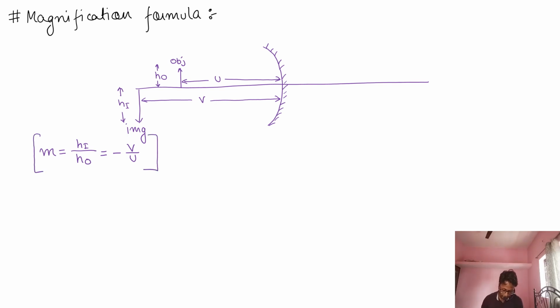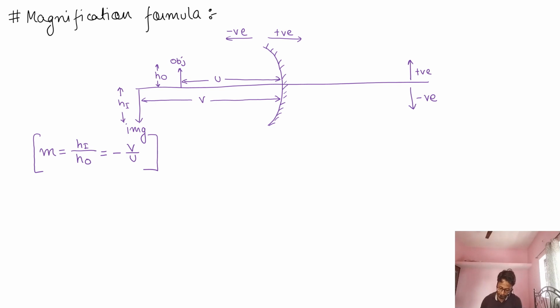And note one more thing, while using magnification formula also take care of the sign convention. That means if you take outside positive or right hand side positive, left hand side should be negative. Now I'm going to tell you the importance of this minus. See, while using magnification, apply coordinate system axis to above the principal axis and below the principal axis also.